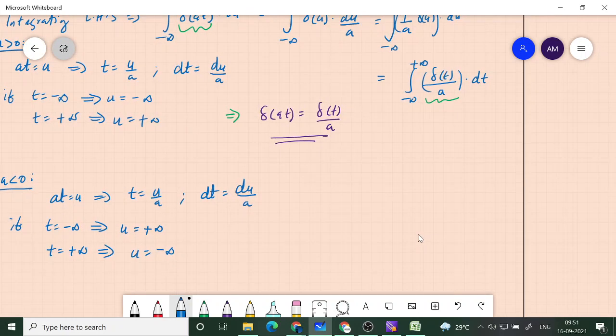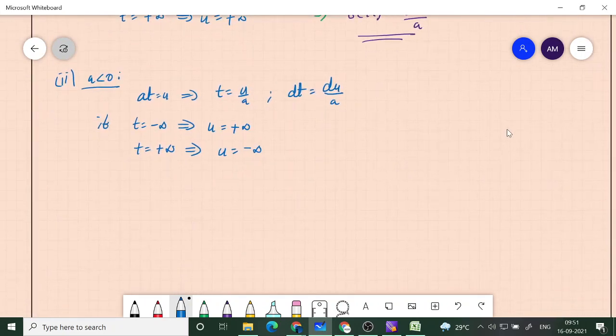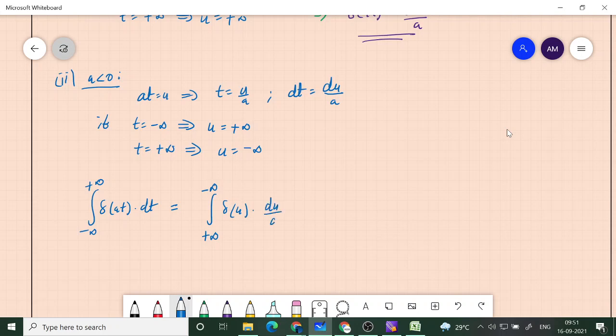When you do the integration, let me do it again: the integral of delta of at dt from minus infinity to plus infinity, with respect to t. Now I use this variable transformation, with the knowledge that a is a negative number, so I will get plus infinity to minus infinity. Wherever it was minus infinity, it will become plus infinity, and wherever it was plus infinity, it becomes minus infinity, and delta of u into dt, and dt is du by a.